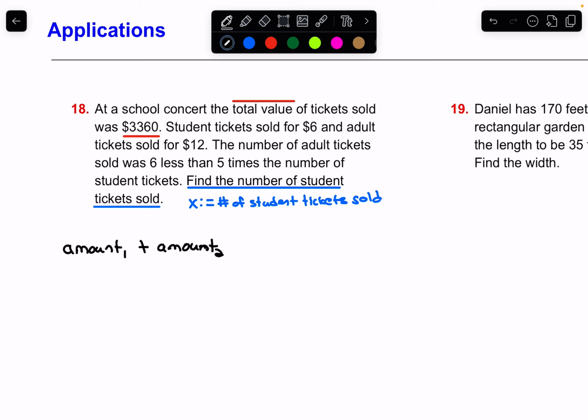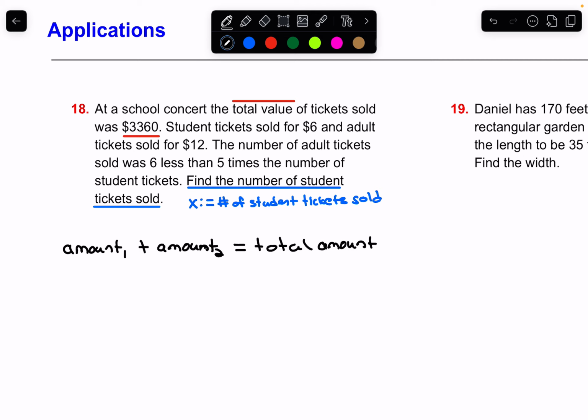amount 2 is going to be equal to the total, well, I can even say total amount here, where now we just have to define what each of these amounts are. So the way you find out what amount 1 is, let's say amount 1 represents the amount brought in by the student ticket sales.